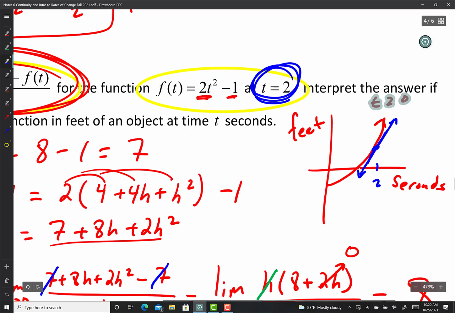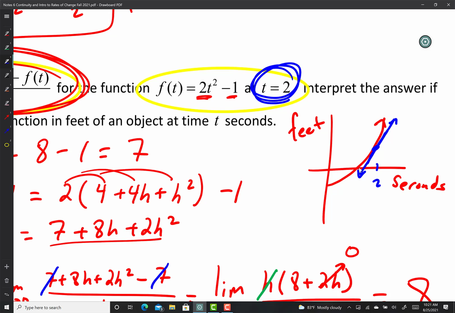T greater than or equal to 0, my domain. Sorry if I'm mixing words there. Let me see if I can say it correctly. I have found the tangent line at t equals 2, and that tangent line has a slope of 8.